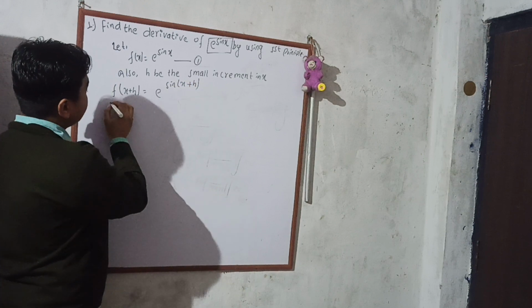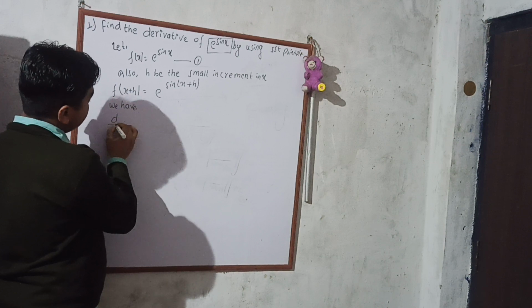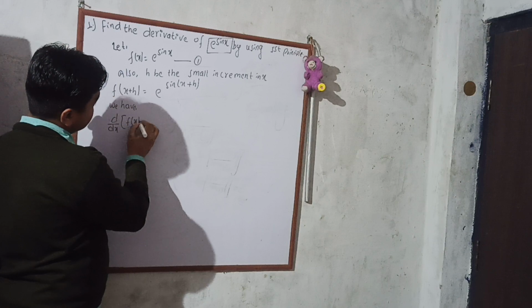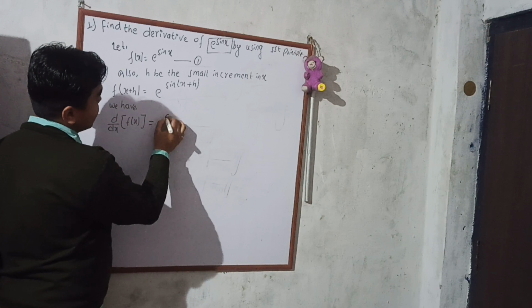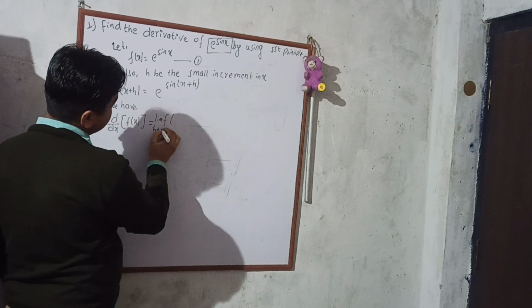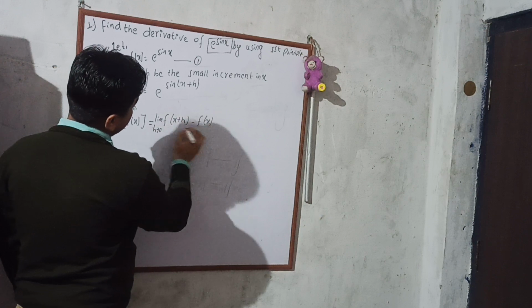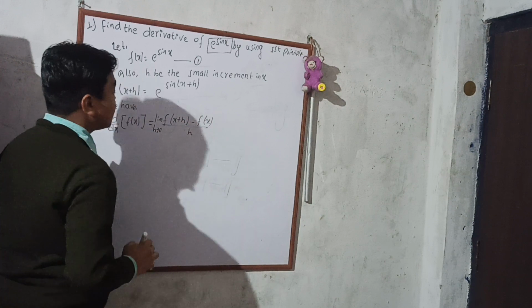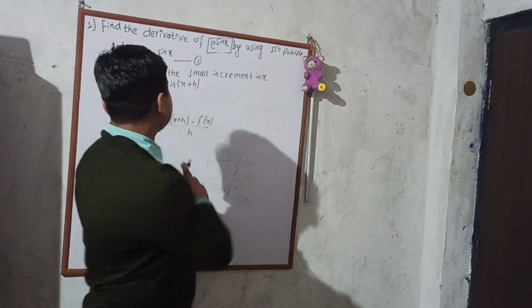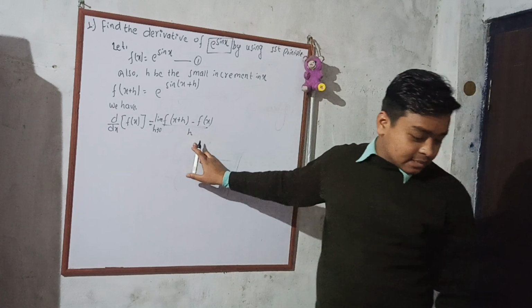Now we have d by dx f(x) is equal to the limit h tends to 0 of f(x plus h) minus f(x) divided by h.